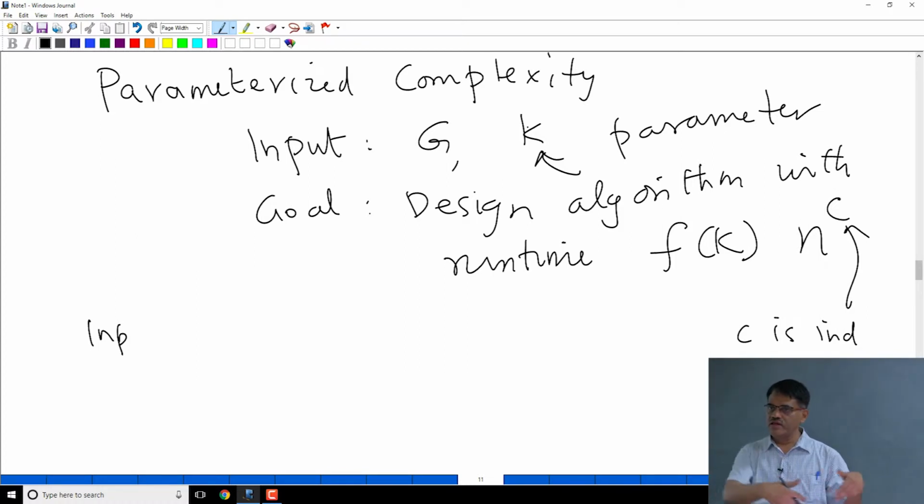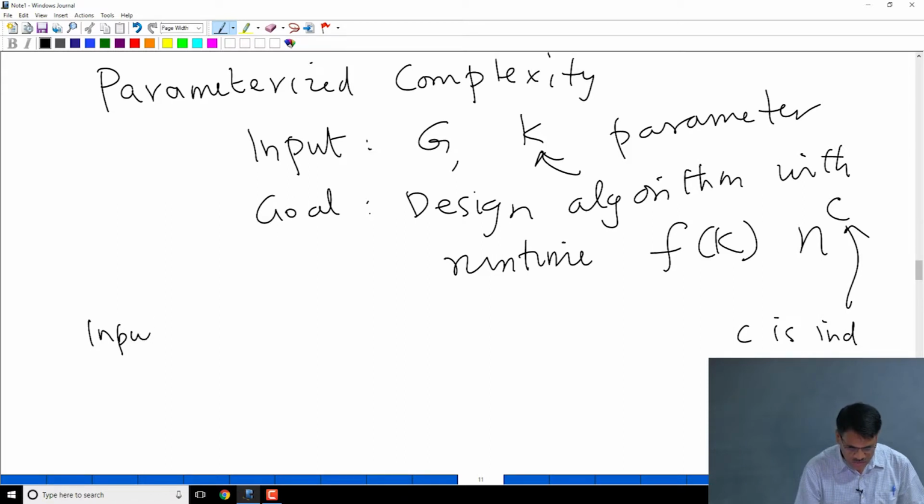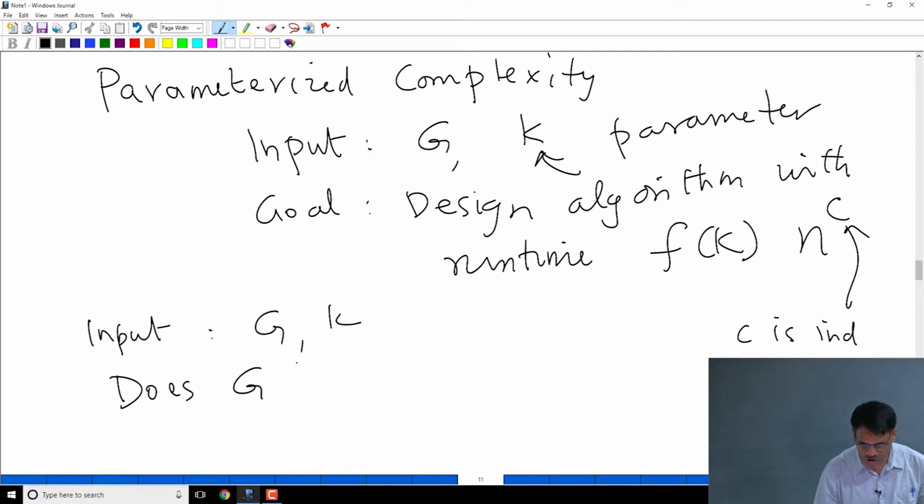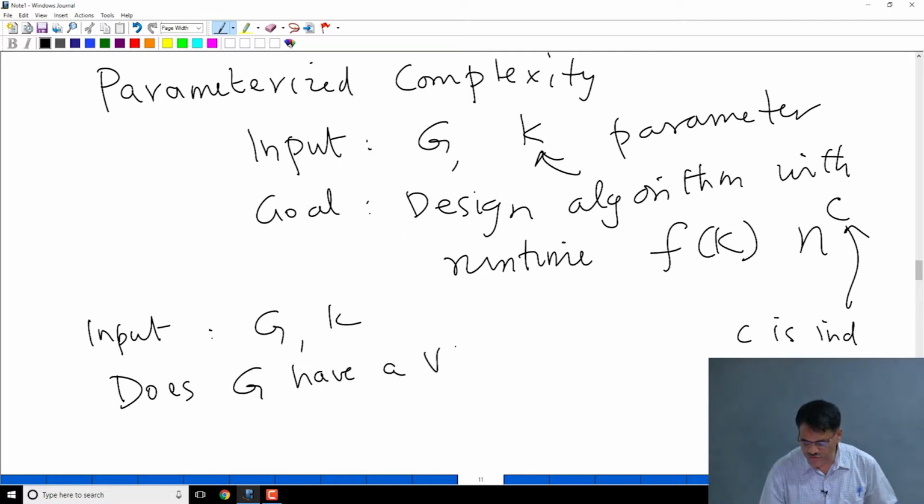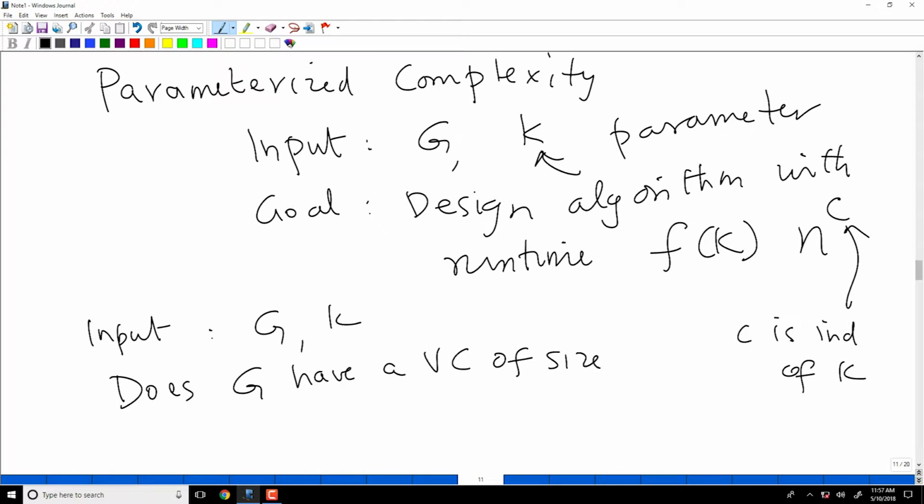In the previous example I used k as the parameter, which is its distance to a forest. But suppose I change k and ask the following question: does G have a vertex cover of size at most k?